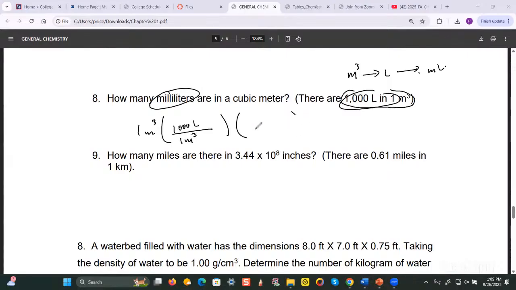And then to go from liters to milliliters, we know that 1 liter is equal to 1,000 milliliters. So this will cancel out with that, this will cancel out with this, and then we do the number crunching. Let's see what this gives. Oh, that's easy. That's 10 to the 6 milliliters. All right, and that's it.